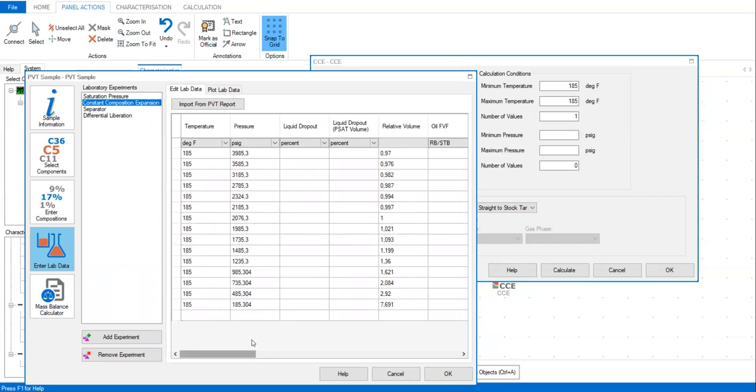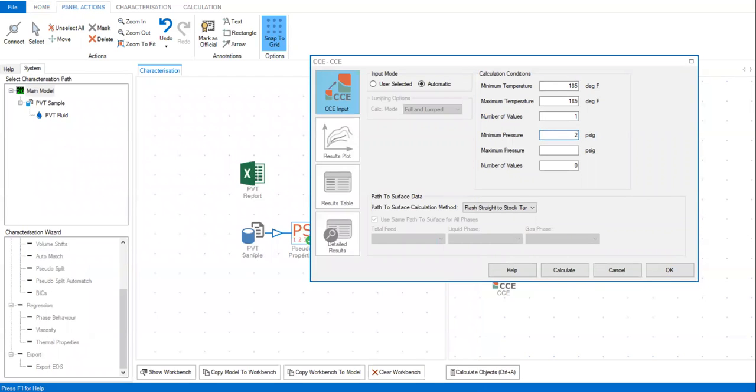Okay, so now we have from 185 PSIG to 3,985, almost 4,000. So let's input 200 to 4,000, and let's say number of values 50.